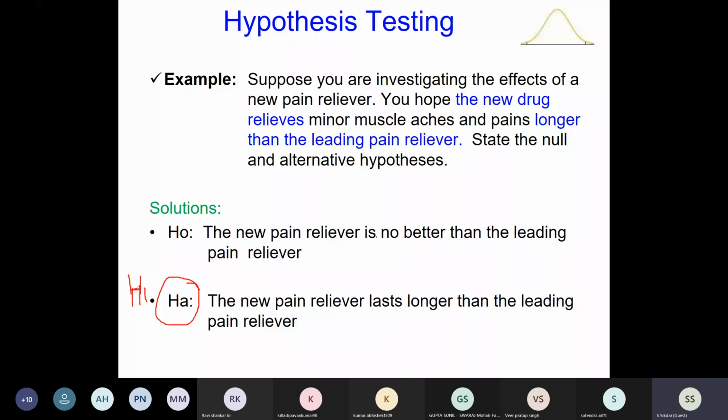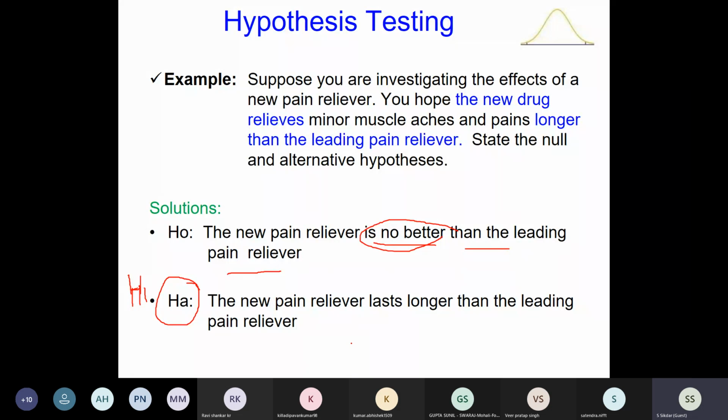If one is better than the other, so if it is found that the new pain reliever is no better, that means it doesn't do a better job than the already existing pain reliever in the market, then we say it is H0, that is, it is null.